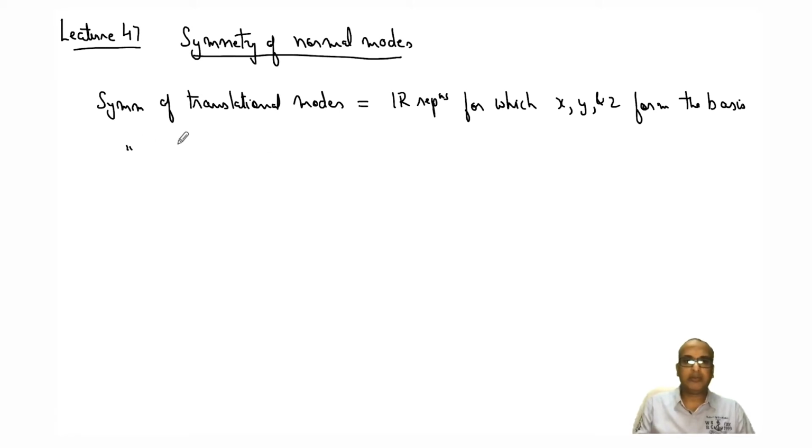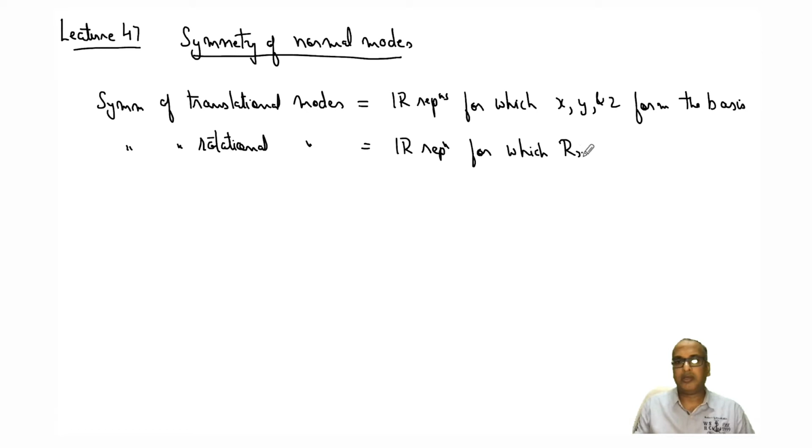So similarly, symmetry of rotational modes is equal to the IR representations for which the rotational unit vectors, that is Rx, Ry, Rz, form the basis, right?